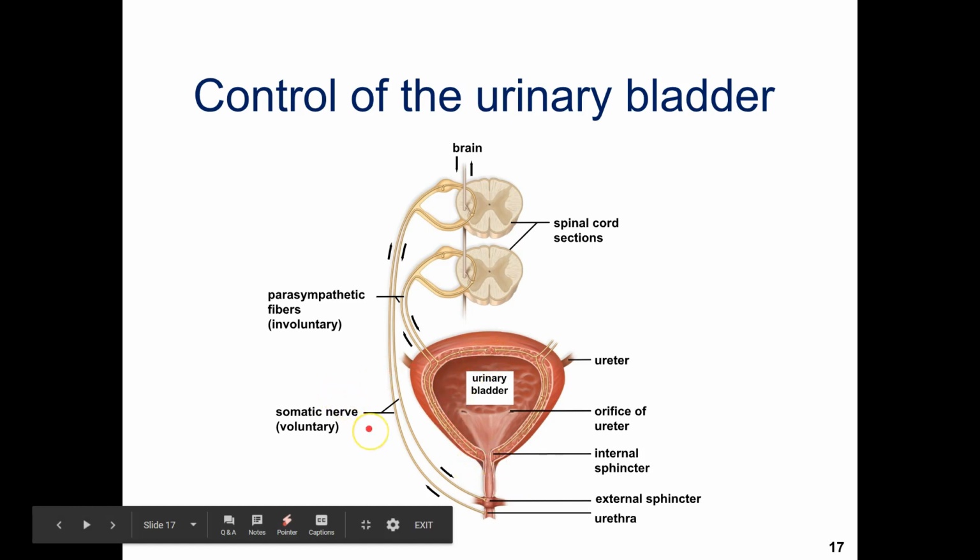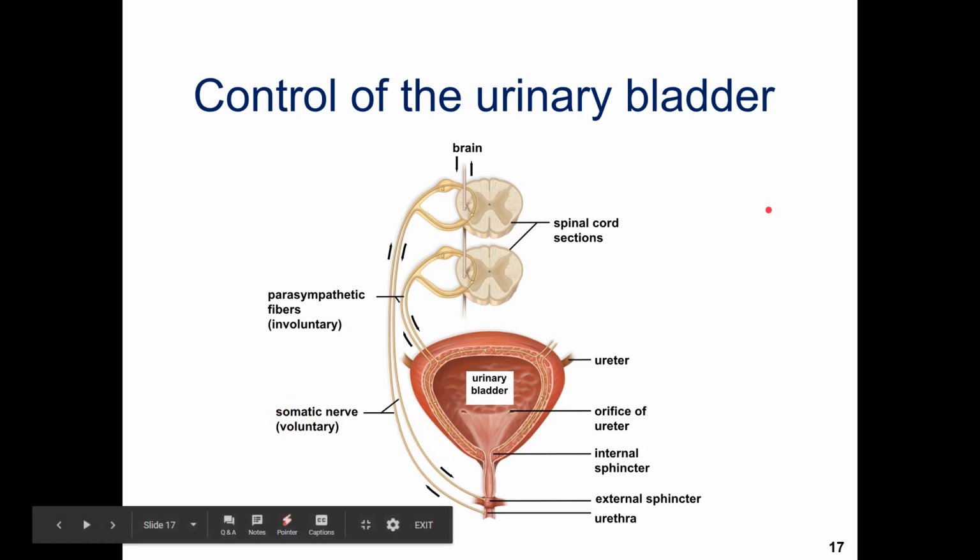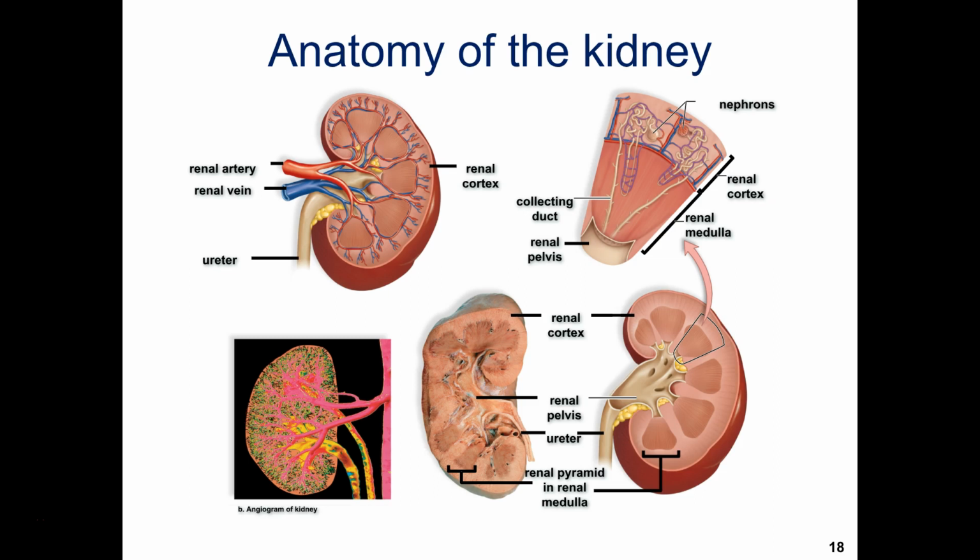And then you have the voluntary or somatic nerves, which are connected to this external sphincter, which is under voluntary control. So if you tried to hold your urine forever, you wouldn't be able to do it. Ultimately, the involuntary control would take over, but there is also a voluntary control component, as you guys all know.